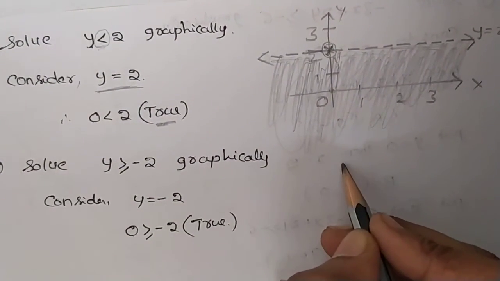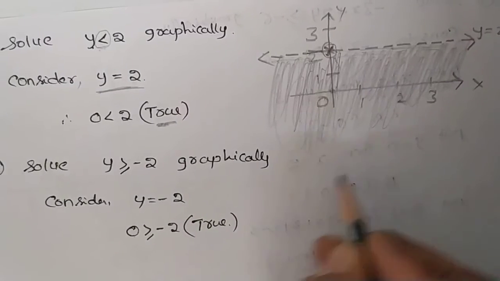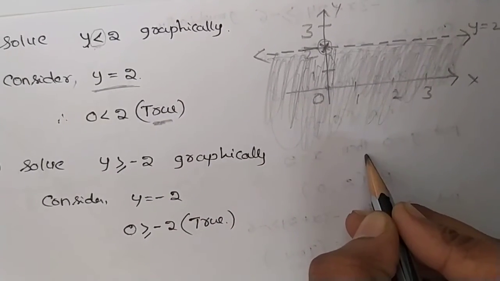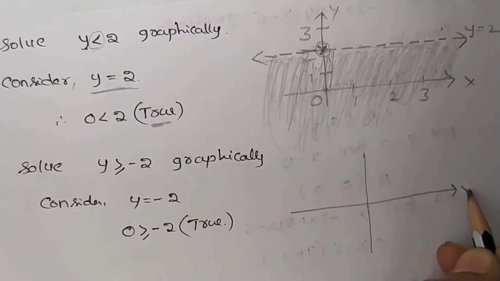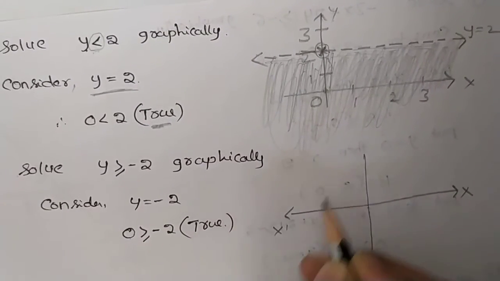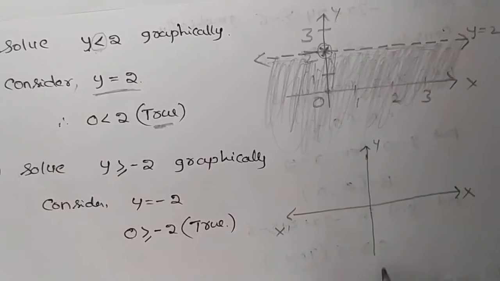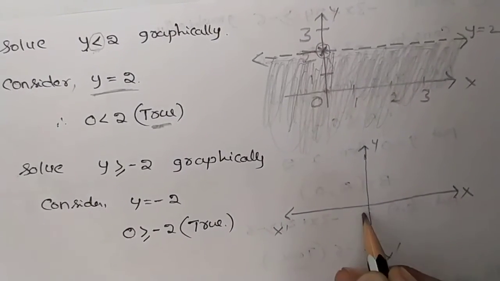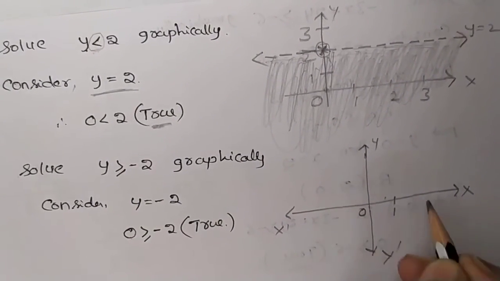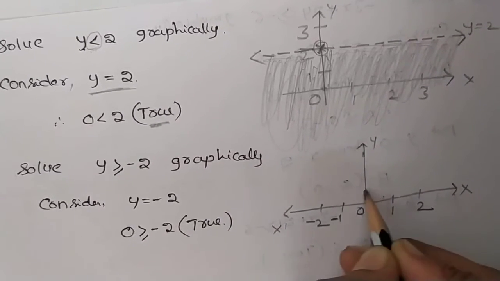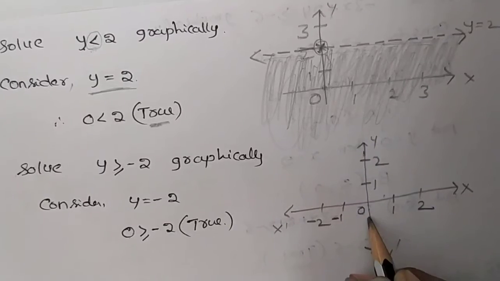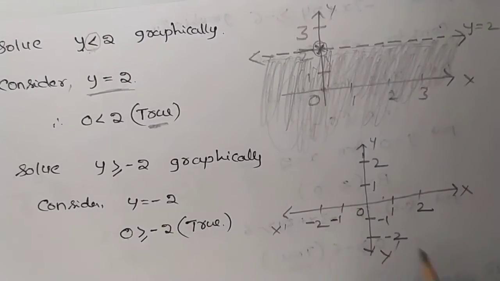Now take the negative x-axis and negative y-axis also. X-axis, negative x, y positive y, negative y. 0, 1, 2, -1, -2 on each axis.